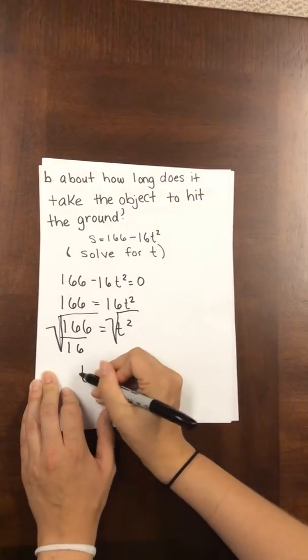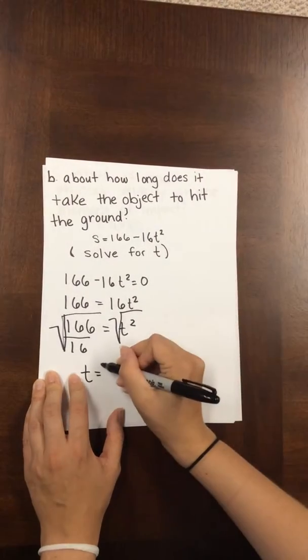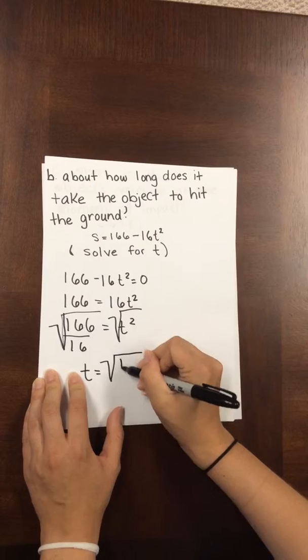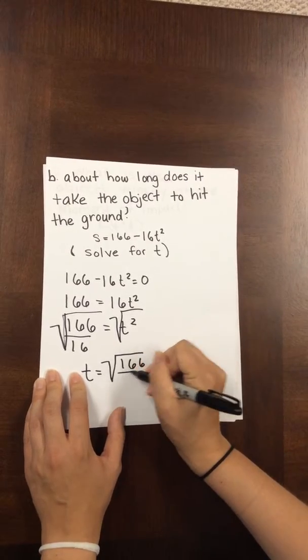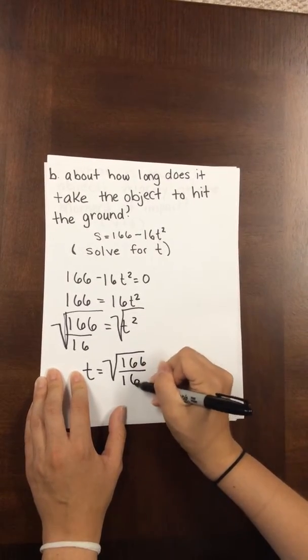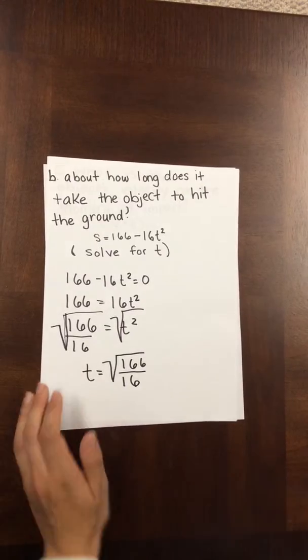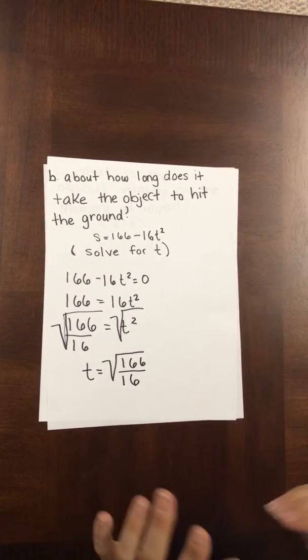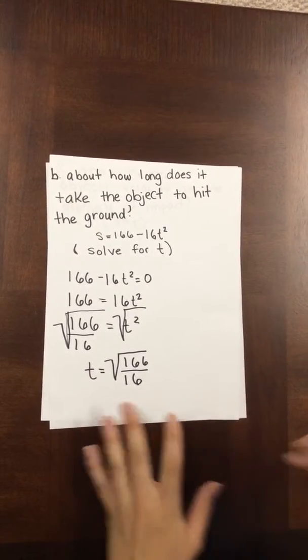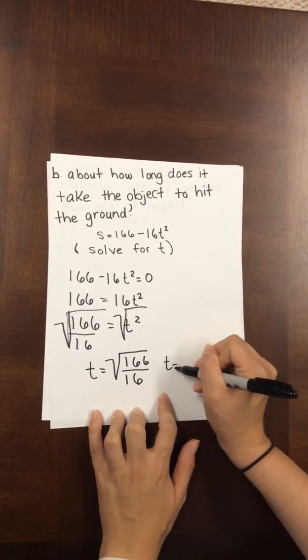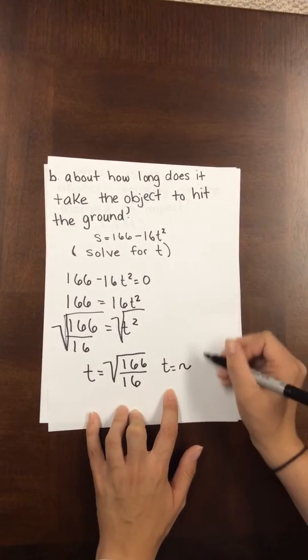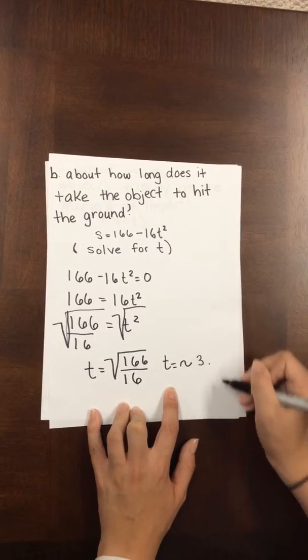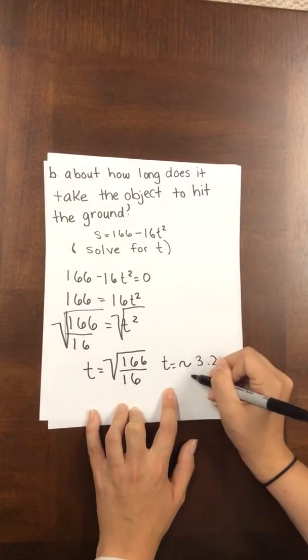So t then is equal to the square root of 166 all over 16. And when we solve that, it's said to round to the nearest tenth, so I got t is equal to approximately 3.2 seconds.